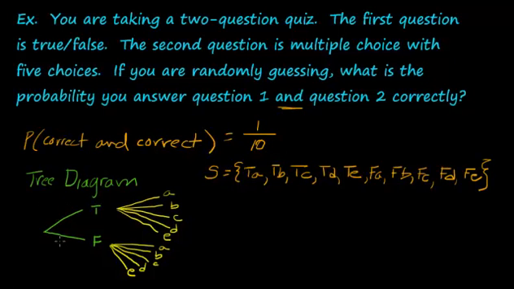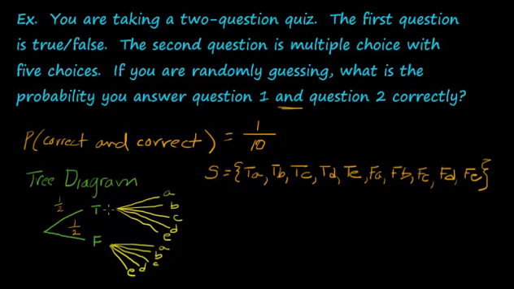So we'll come back here now and look at our branches and assign a probability to each branch. So if you're randomly guessing, what's the probability that the answer is true? Well, it'd be 1/2. That the answer is false, 1/2. There's one way to get true out of 2 possible choices.